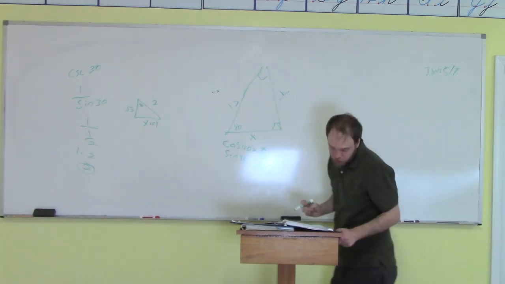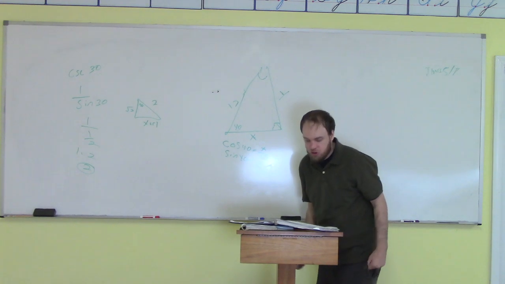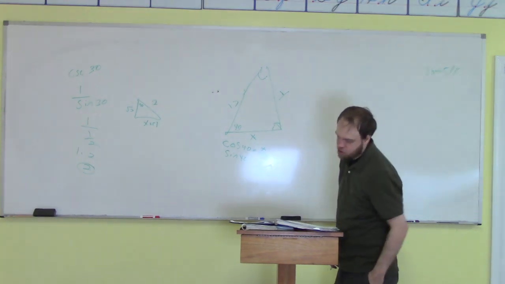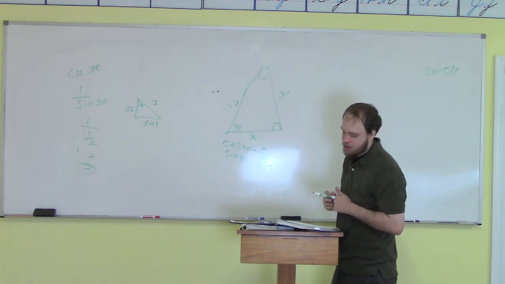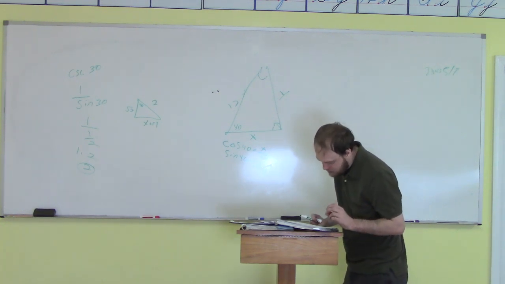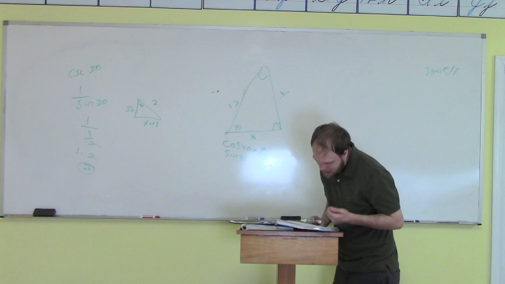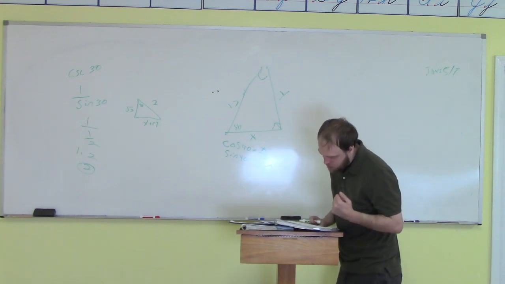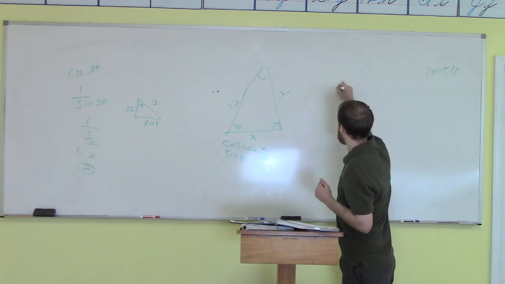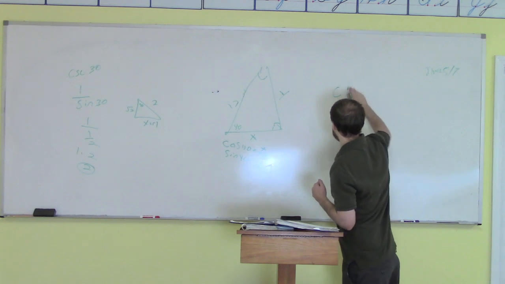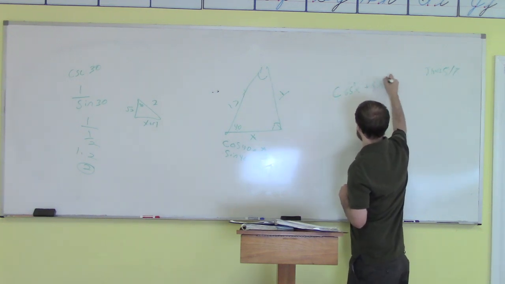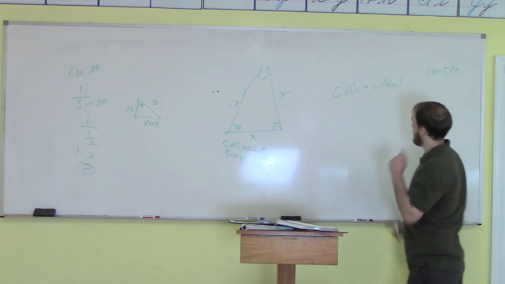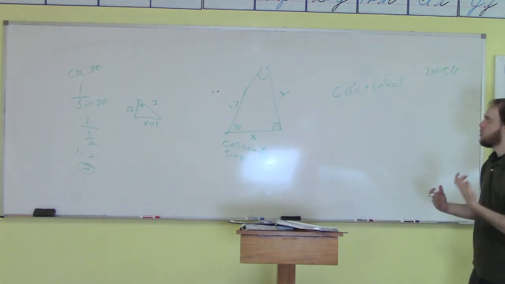For number 5 and 6, you're just using the trig identities. You're trying to get the left to look like the right. What's really important is that you remember what tangent is, and that cosine squared of x plus sine squared of x equals 1. You can move that around a little bit.